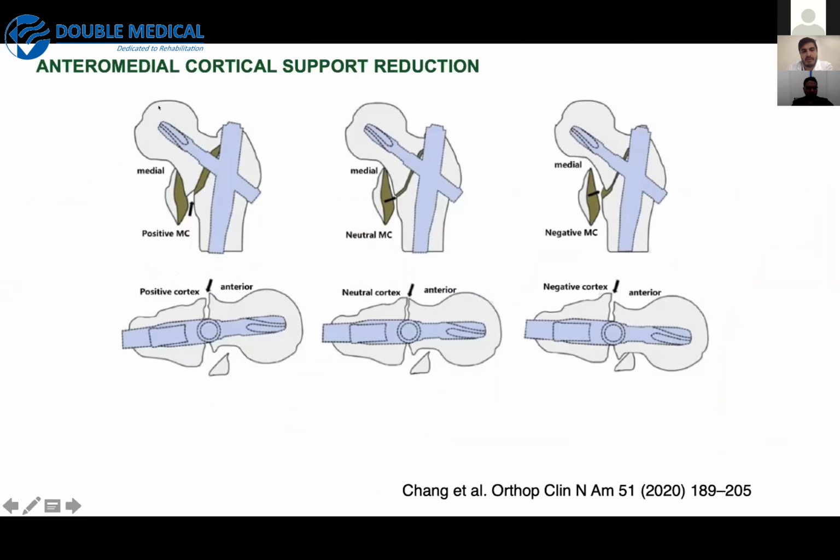Dr. Chang recommends that in this fracture, when you're seeing the AP X-ray, you do a positive reduction. That means that you have one cortical step off in the medial part of the head and neck and shaft relation, or you can also do a neutral cortex to cortex contact.